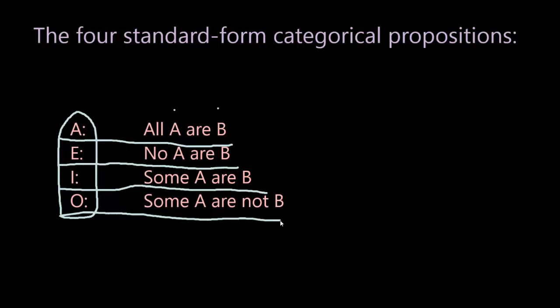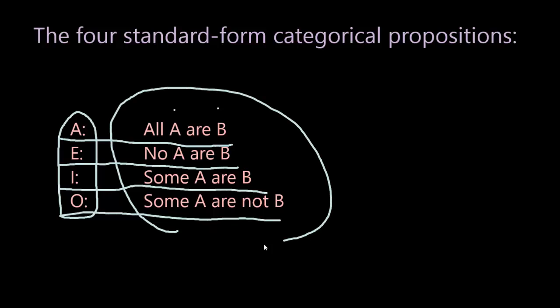So if we're given a categorical syllogism, and the propositions in that syllogism are not in standard form, what we have to do is reflect on the meaning that's being conveyed by that categorical syllogism and figure out how to put it in this form and keep that same meaning.